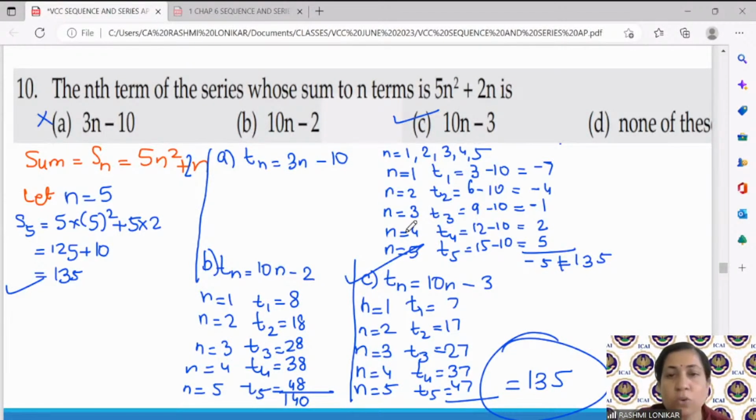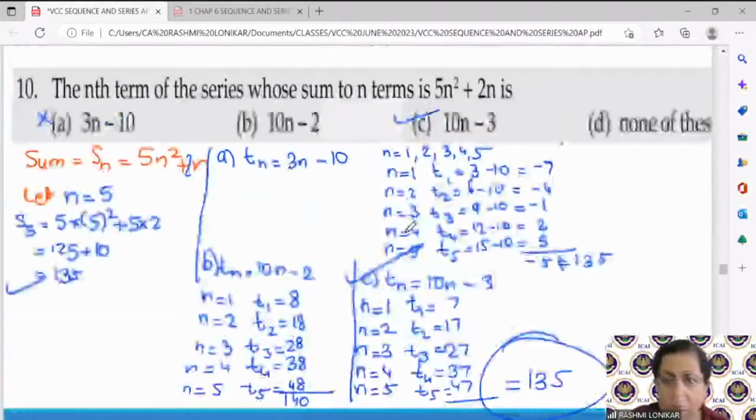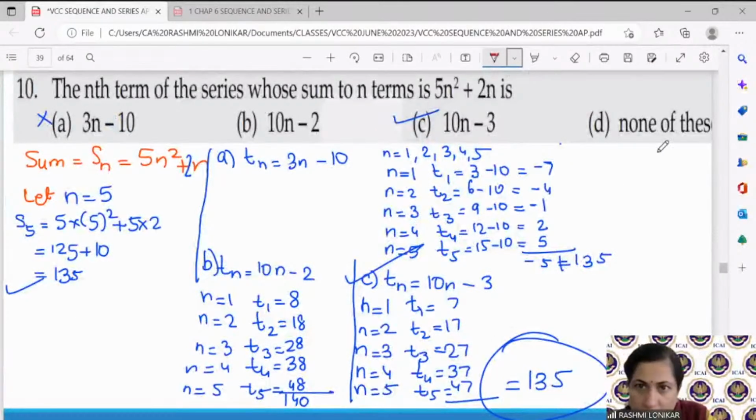No, no, Manish, you don't assume in the 10th, assume S5. They have just given it. See, let me show it to you here.